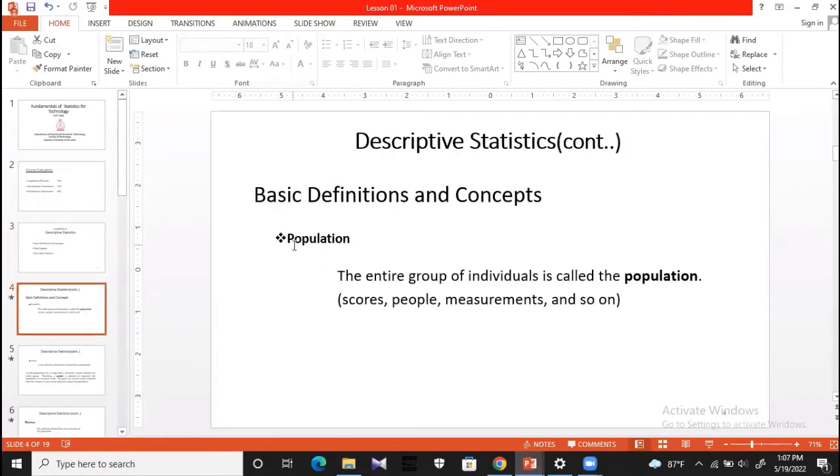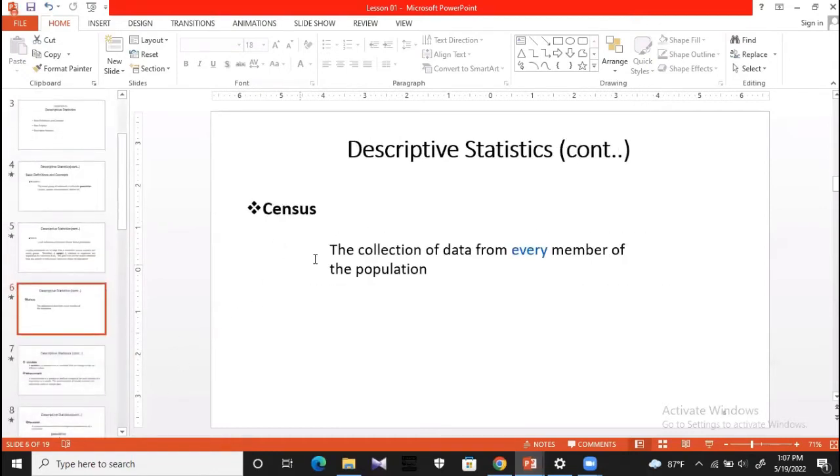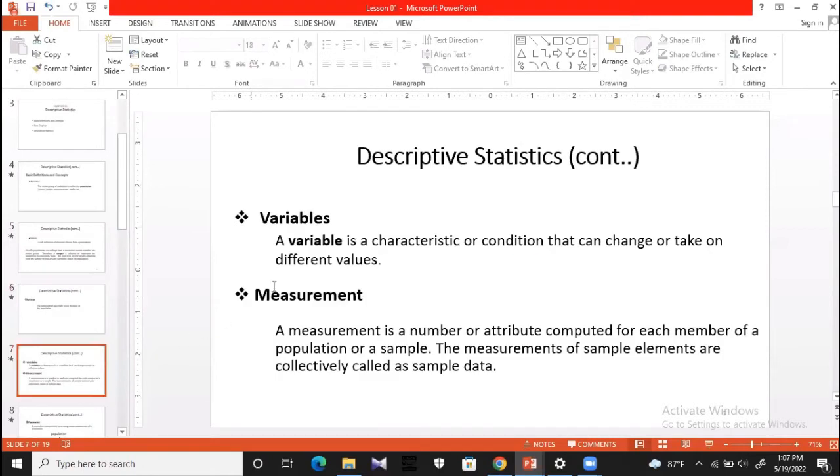So we went through these basic definitions and concepts. We discussed population, sample, census, variables and measurements. I hope now you know the difference between a variable and a measurement, right?